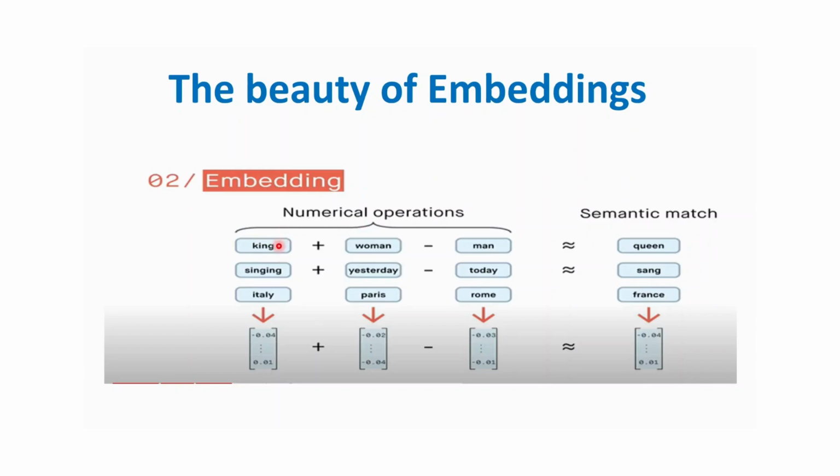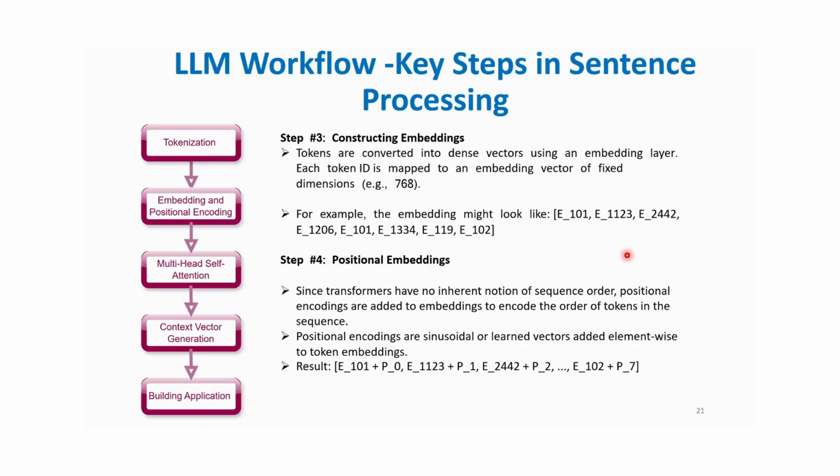Those will form the king embedding. And we take the woman embedding in a similar way, you add it and you subtract the man embedding. The resultant embedding will actually represent the queen embedding. This is actually true, and you can cross-check the code. You can get it from ChatGPT or any web resources, and you can check that it is true.